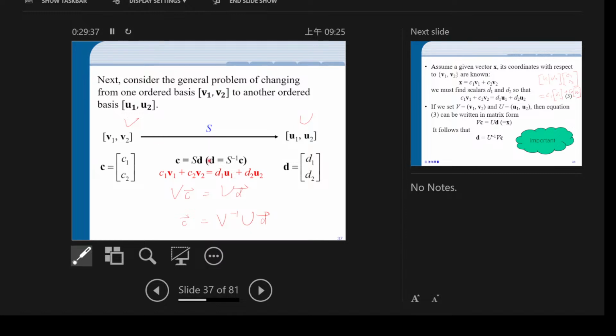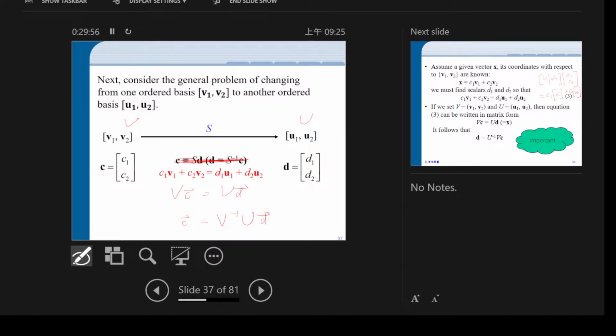Oh sorry, here the S, this line I forgot to change. S is the other way around, right?